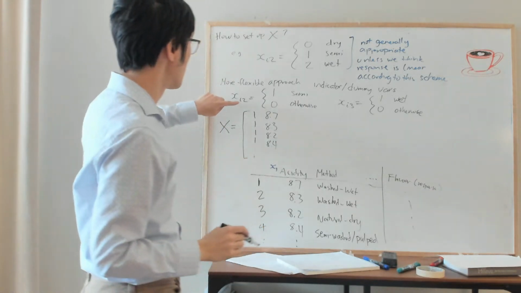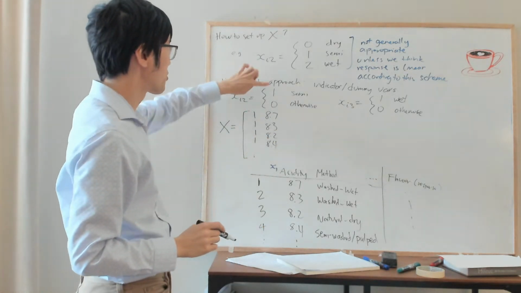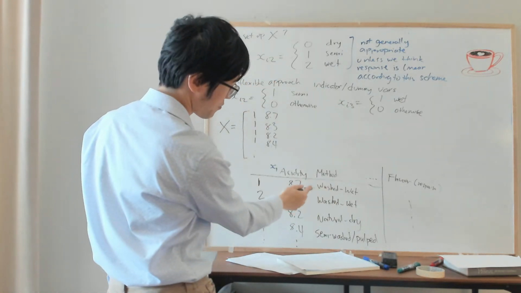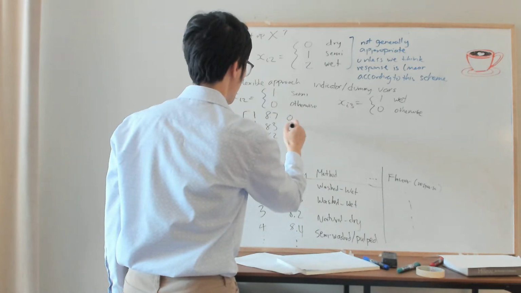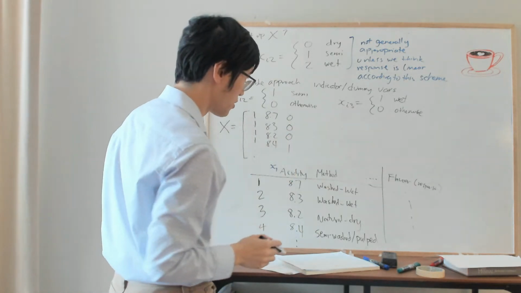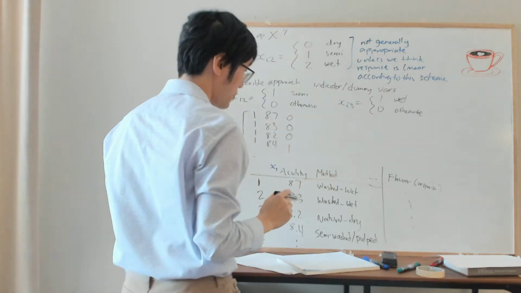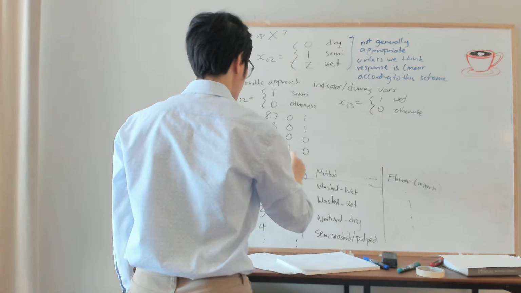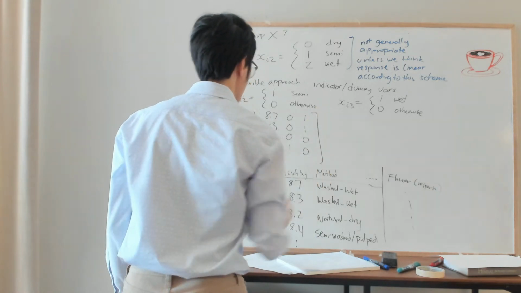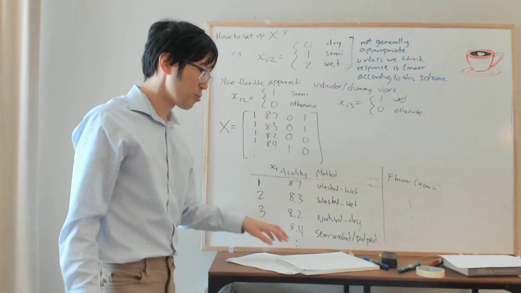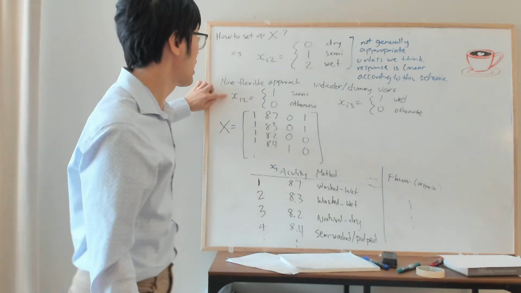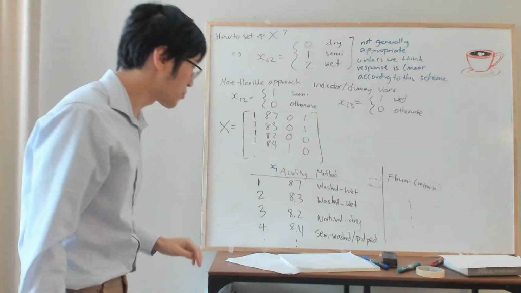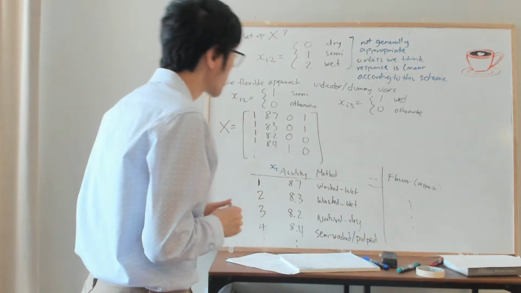Then the next column has ones if it's using the semi method, and 0 otherwise, so the first 3 are not: 0, 0, 0, 1. And the next one is whether we use the wet method or not, so it's 1, 1, 0, 0. This is the corresponding matrix for x after defining these indicator variables for the different categories.